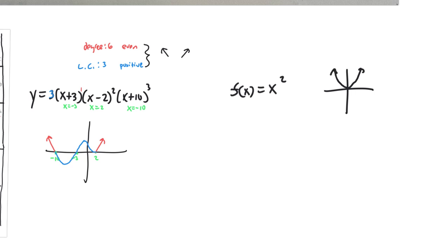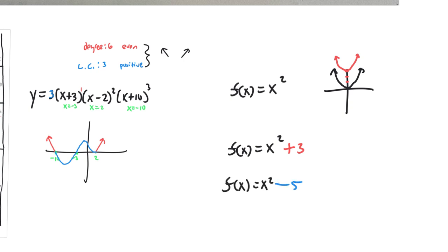But anytime you have any function really, and then you tack on this +3 at the end, well, that means that you are now shifting the original parent function up 3, and then it looks like this. So we preserve the original shape, the original structure, but we've done nothing more but shift it up 3 units.